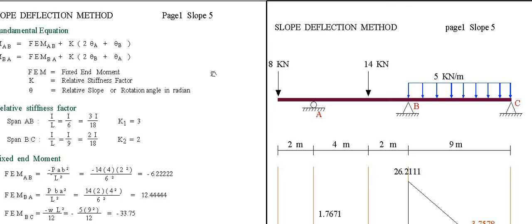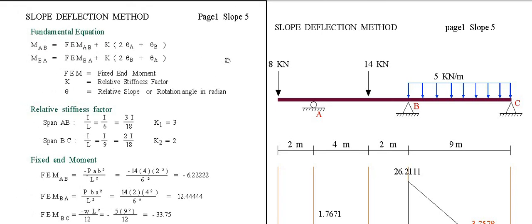Okay, the basic equation is this: moment AB is equal to fixed end moment AB plus stiffness factor times 2 theta A plus theta B. Notice that the subscript follow this order.